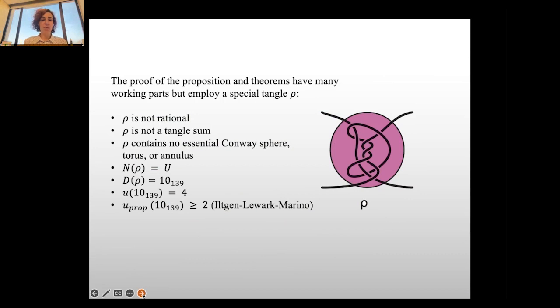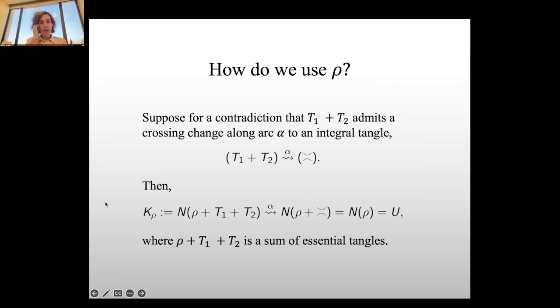Okay, so what do we do with this special tangle rho? Well, let's suppose for a contradiction that our tangle sum does somehow admit a crossing change along an arc alpha, that's the crossing arc, to an integral tangle. What we're going to do is add on this tangle rho to our tangle sum, and then take the numerator closure. In doing so, we produce a knot, which we'll call K_rho.